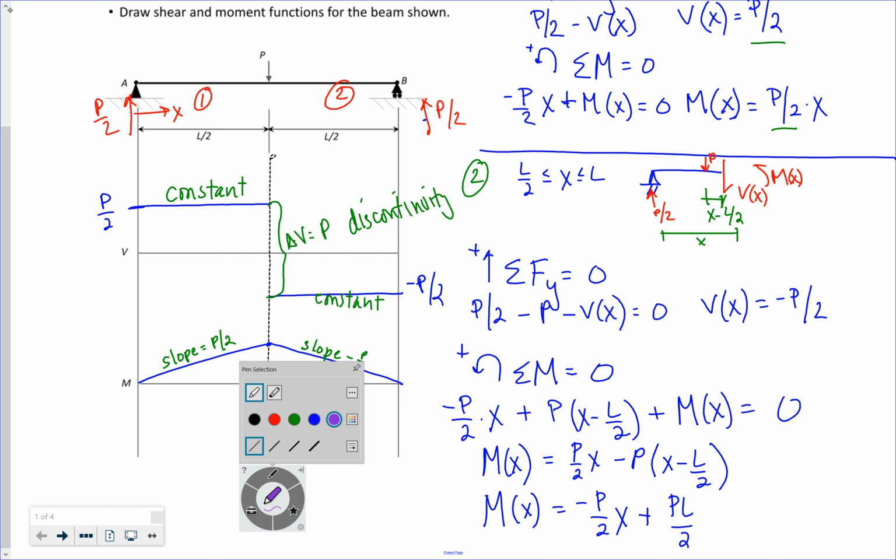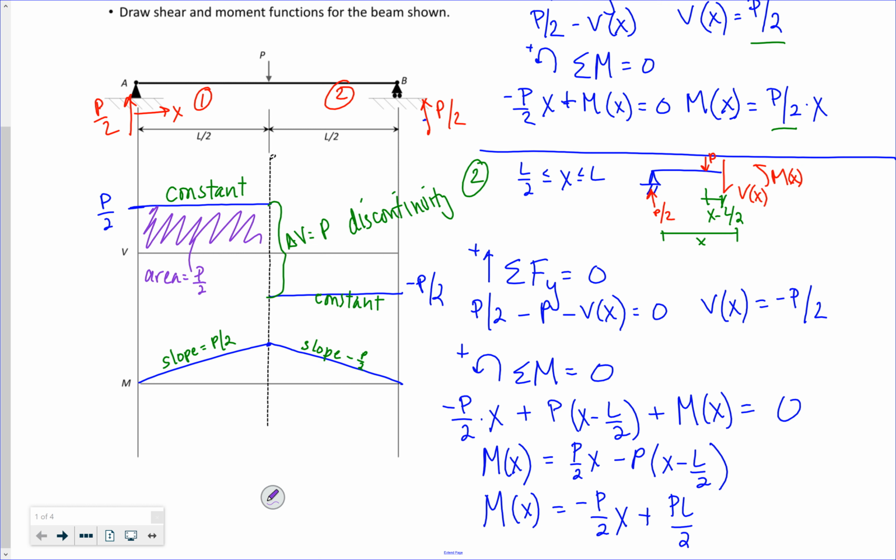If I look at the area of this, it's equal to P over 2, the height, times the length, L over 2, PL over 4. The value of the moment at the middle is PL over 4.